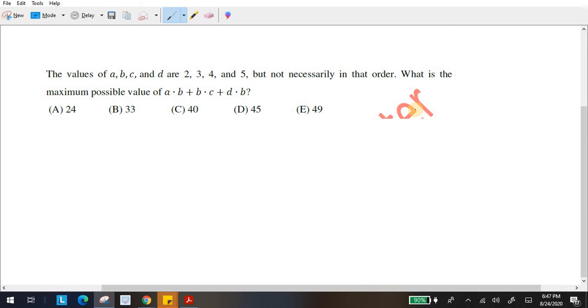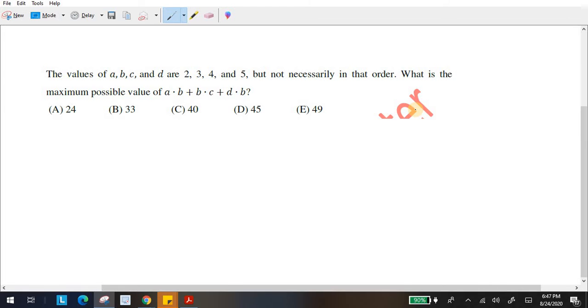The values of A, B, C, and D are 2, 3, 4, and 5, but not necessarily in that order. What is the maximum possible value of A times B plus B times C plus D times B? The first thing we realize right away is that B is multiplied the most times.